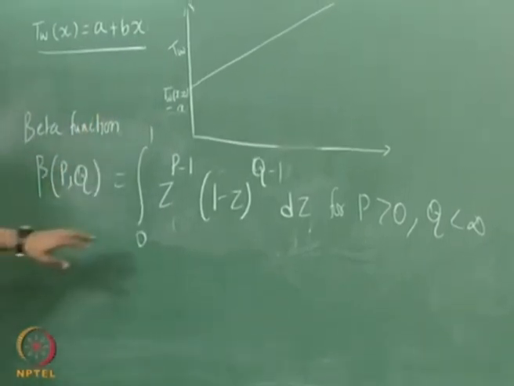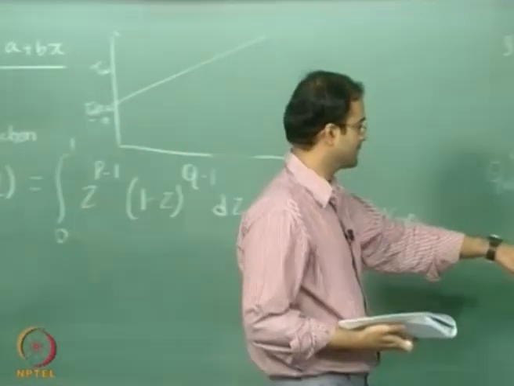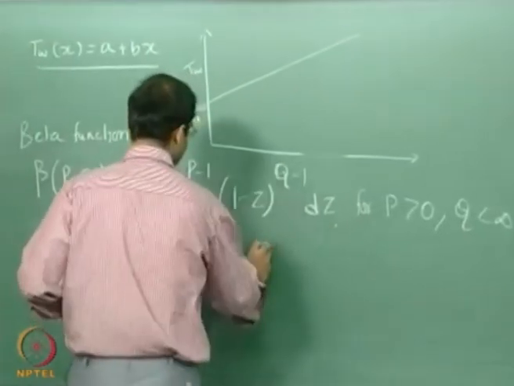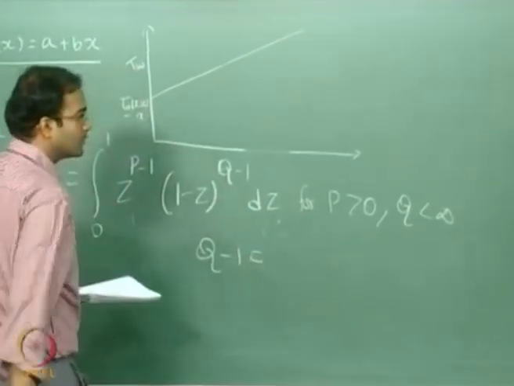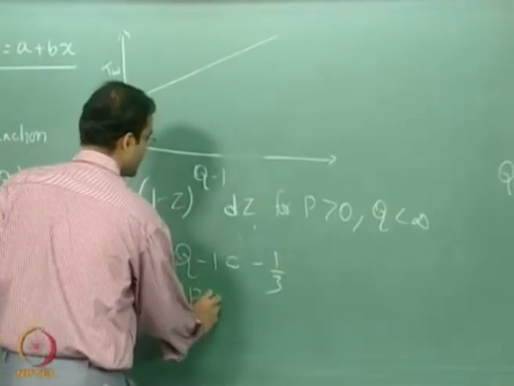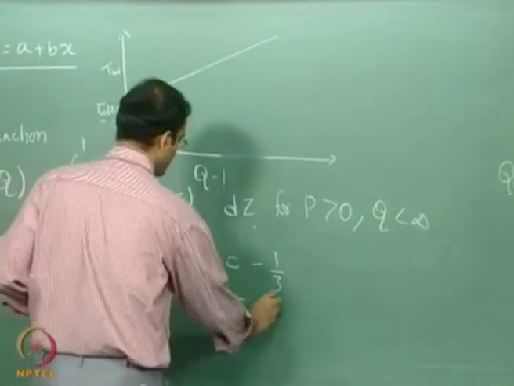Now if you compare this with this expression, you can see 1 minus z to the power q. So q minus 1 is equal to minus 1 by 3, and p minus 1 is equal to 1 by 3.